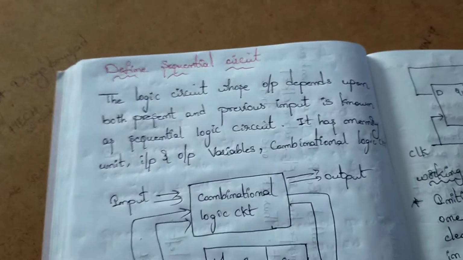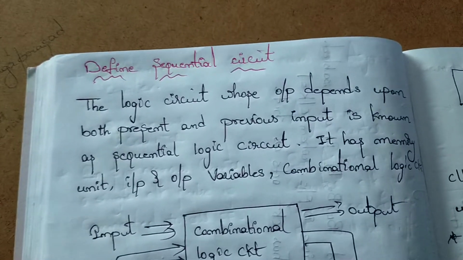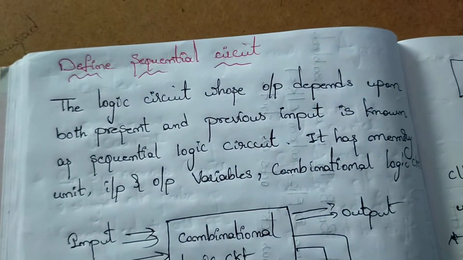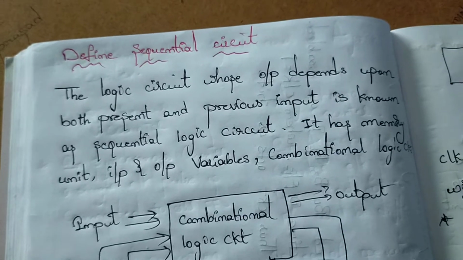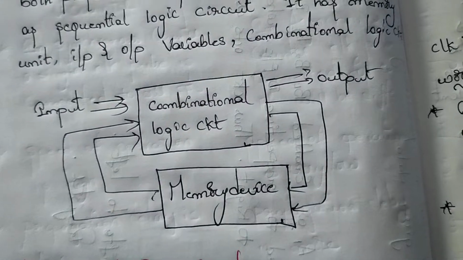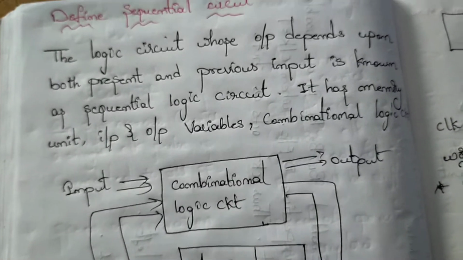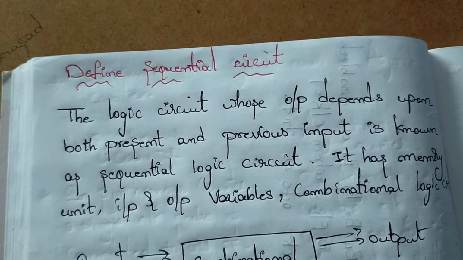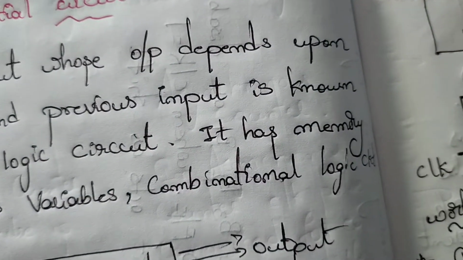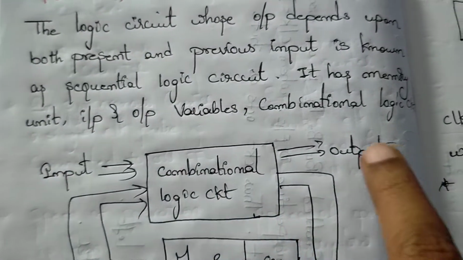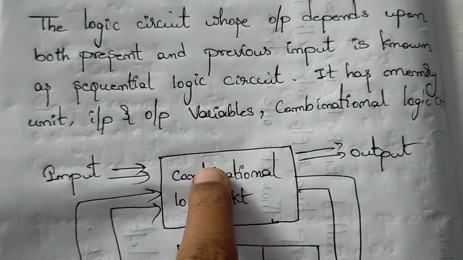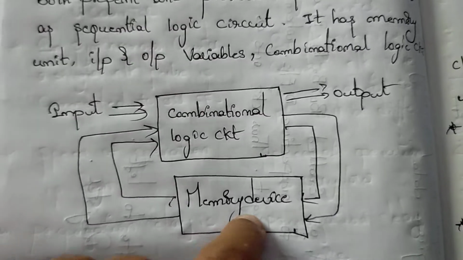The definition for a sequential circuit is that it is a combinational circuit with another element that is known as a memory device. So the elements of sequential circuits are input variables, output variables, combinational circuit and memory device.